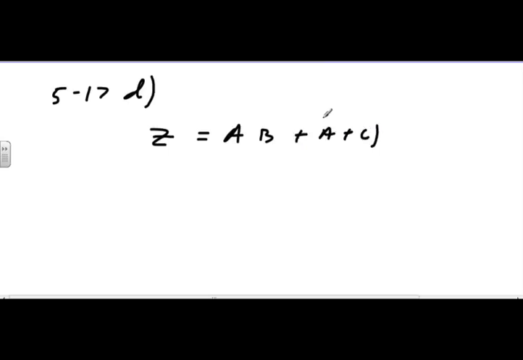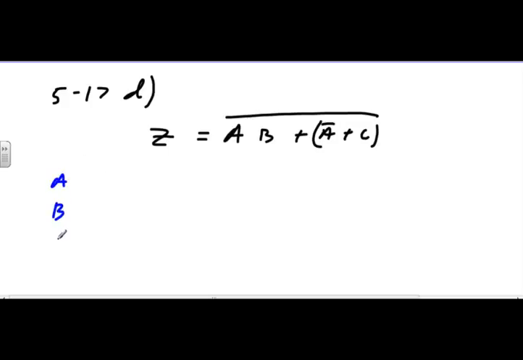Okay, now we're going to look at the last guy, 517 D for a moment. I have Z, A, B, or A, C, knotted. The second A is knotted. Oh yeah, there is. Not at my angle though, but at your angle there probably is. Okay, so I got that. So we got to draw the circuit.